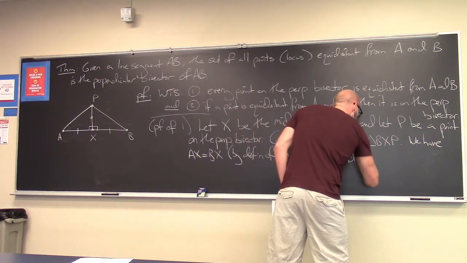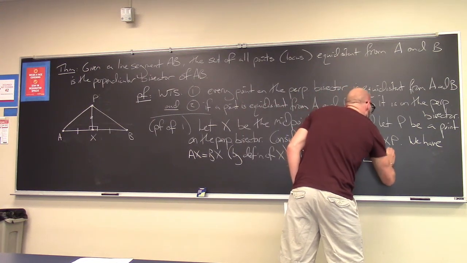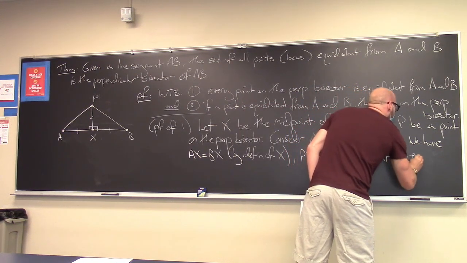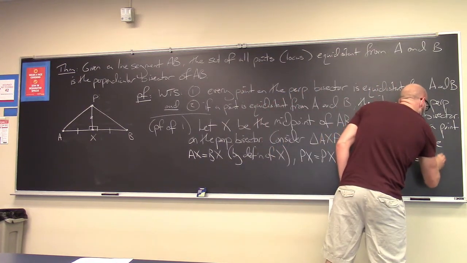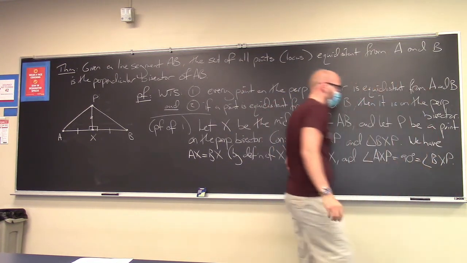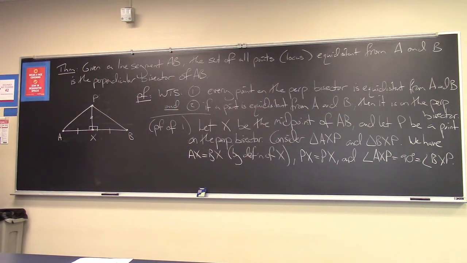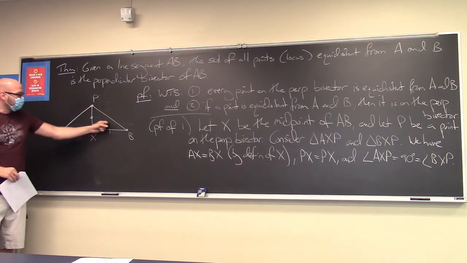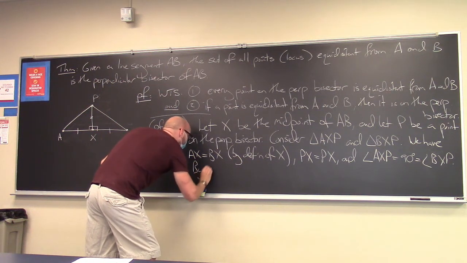And angle AXP is equal to 90 degrees, which is also the same as angle BXP. So just writing down the details of what we just said, therefore, by SAS, we have that these two triangles are congruent.